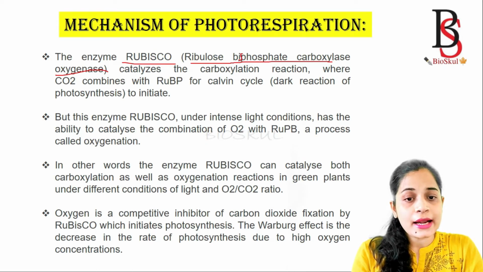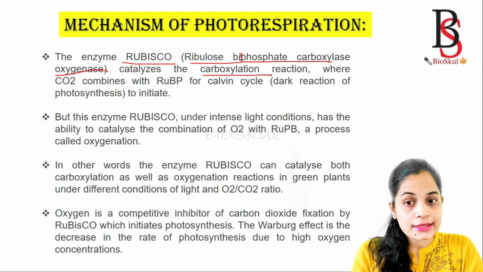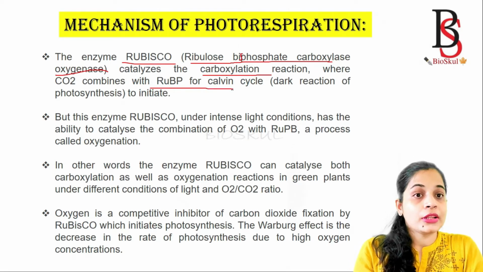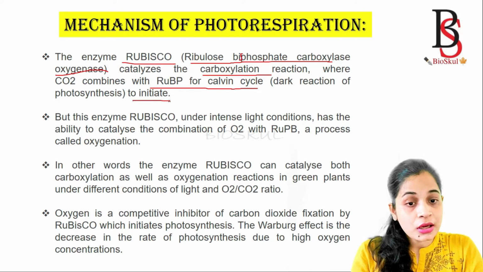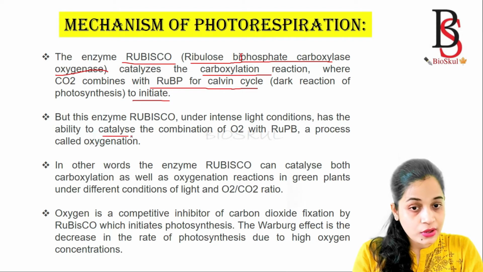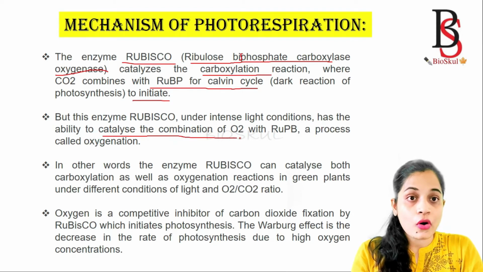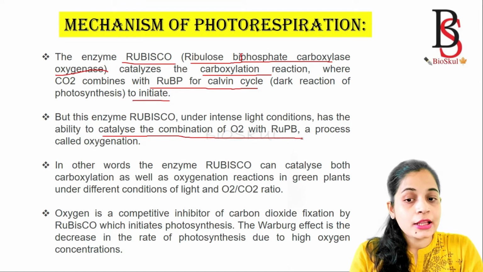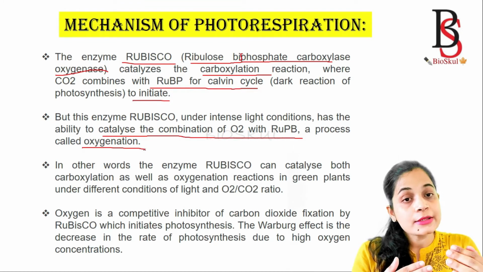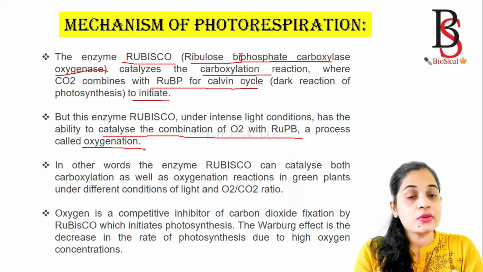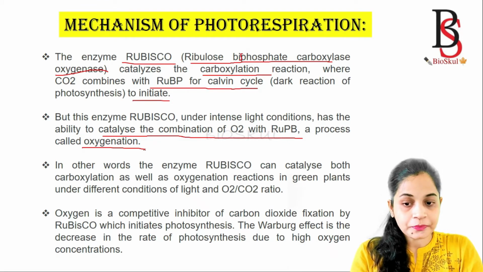It catalyzes the carboxylation reaction, where carbon dioxide combines with ribulose bisphosphate for the Calvin cycle to initiate. But under intense light conditions, this enzyme has the ability to catalyze the combination of oxygen with RuBP. That process is called oxygenation. So the RuBisCO enzyme has both carboxylase activity as well as oxygenase activity.